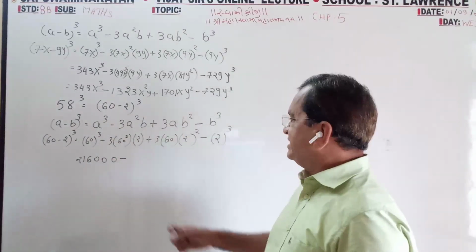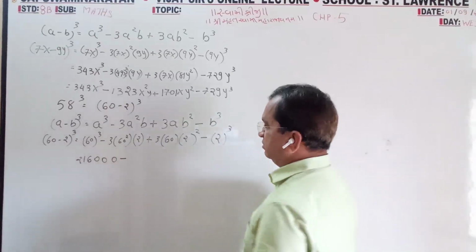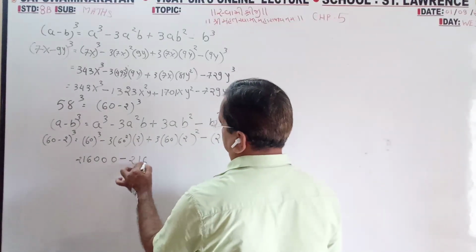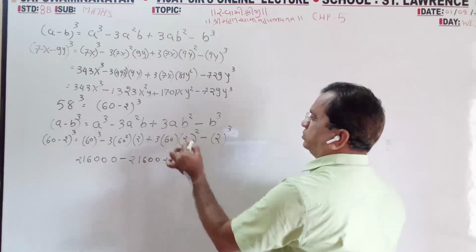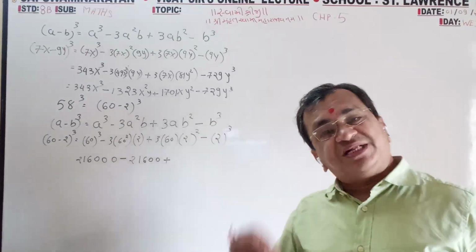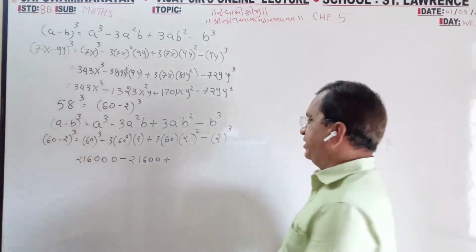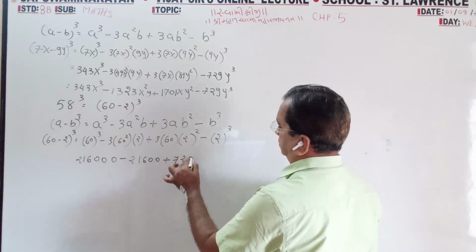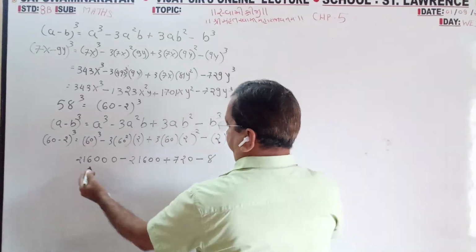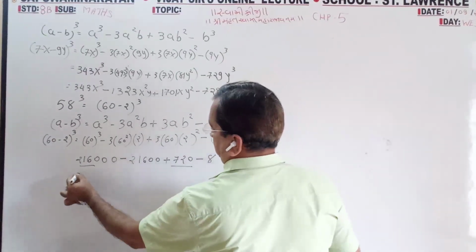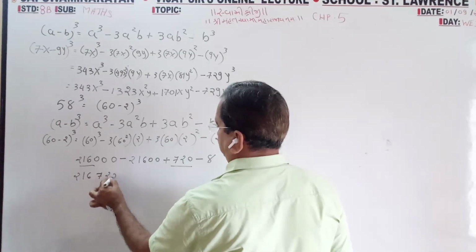Minus 3 times 60 square times 2: six sixes are 36, 36 times 6 is 216, but this time 20. Two 6s are 12, 12 sixes are 72. Two twos are 4, 2 fours are 8. So now we will make the total.